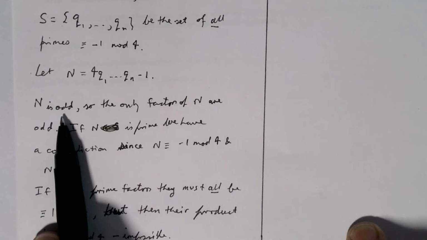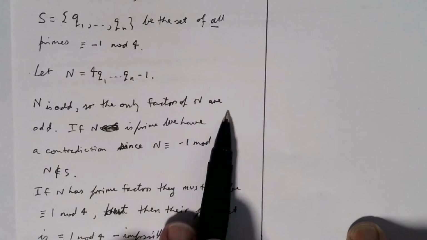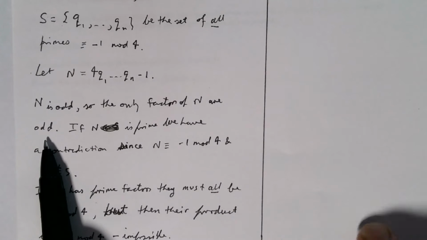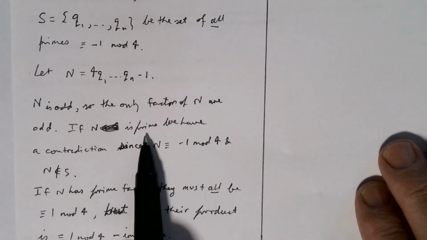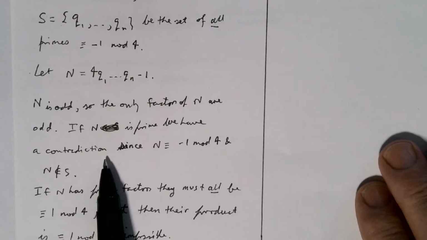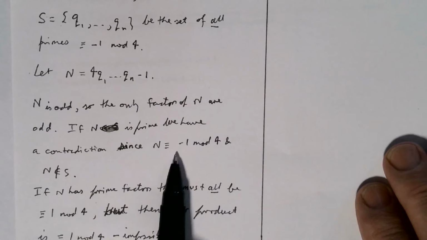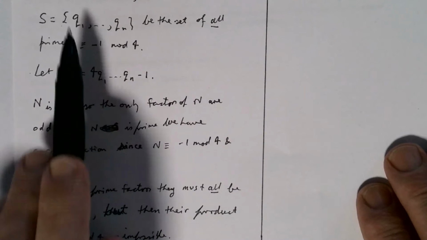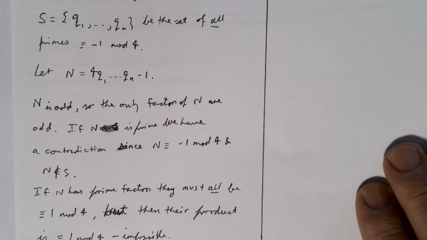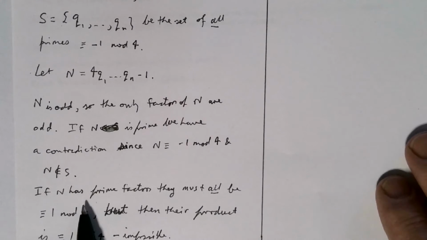Now n is odd, so the only factors of n have to be odd numbers. If n is prime, then we've got a contradiction immediately, because n is congruent to minus 1 mod 4 and n clearly doesn't belong to our set S of all such primes. Otherwise, n must have prime factors.